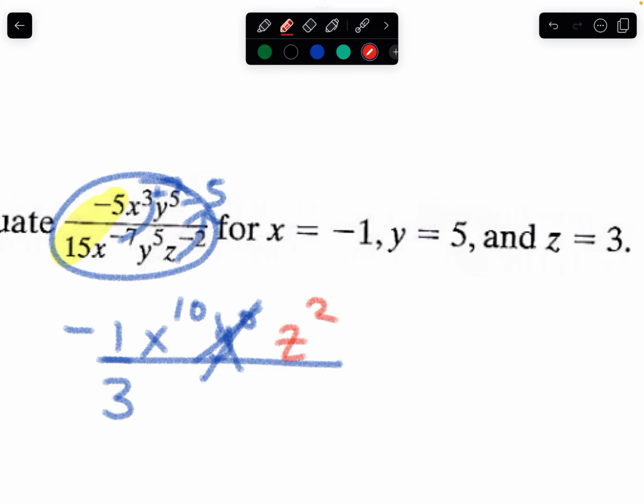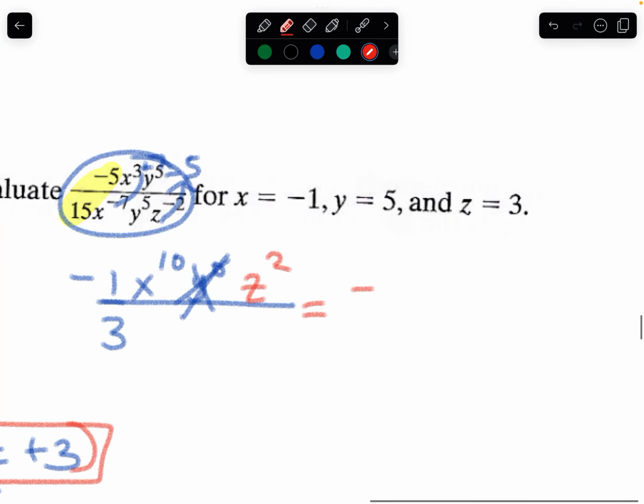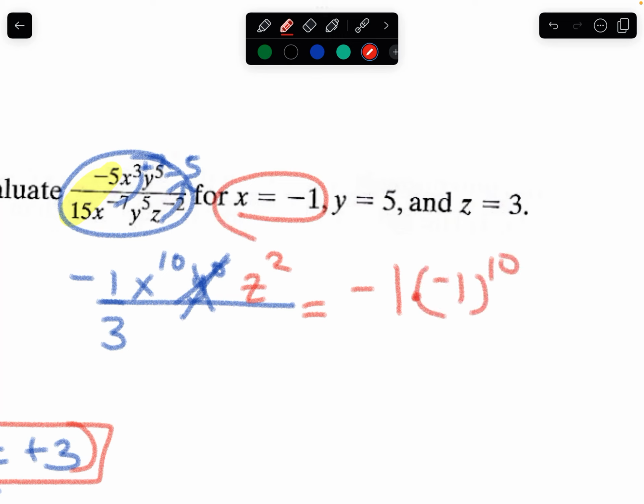Z to the 2nd power. So this is -1 times x, -1 to the 10th power. And z is 3, so times 3 to the 2nd power right here, all over 3. Oh, look at that.